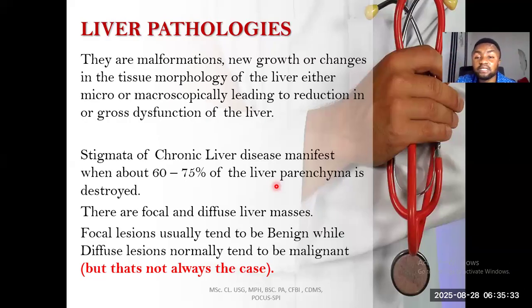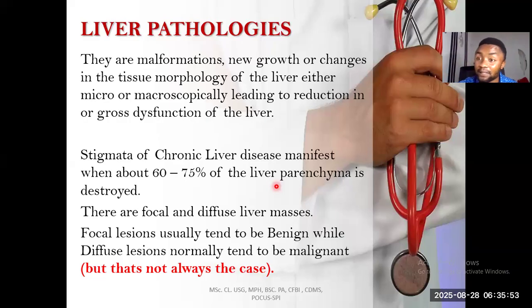Stigmata of chronic liver disease manifests when about 60 to 75% of the liver parenchyma is what? Destroyed. That's why I told you the last time that the liver starts to show the signs of liver disease when about 70% of the liver is damaged.